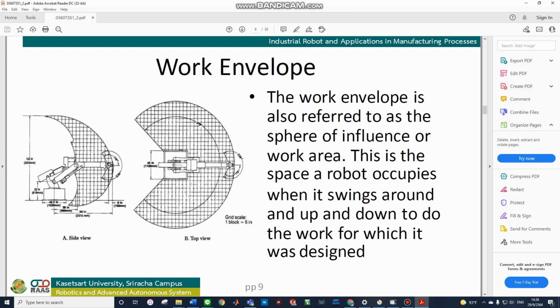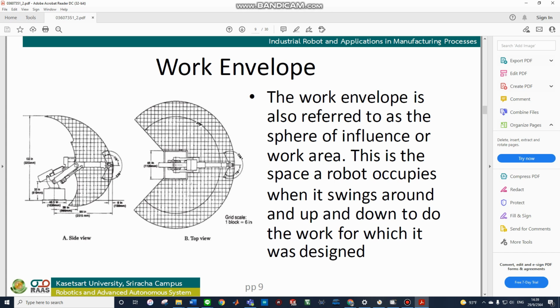This is a work envelope. The work envelope is also referred to as the sphere of influence or work area.